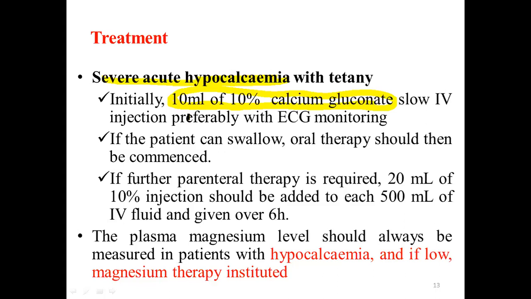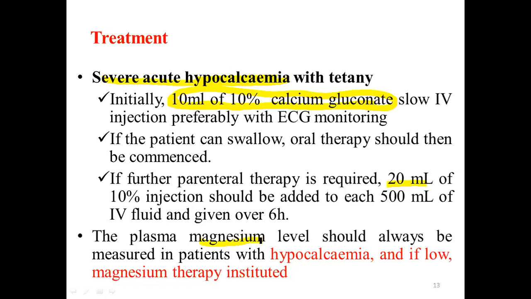So if the patient can swallow, oral therapy is usually recommended. But sometimes if the patient is not responding to the first dose, we can even give an additional dose, 20 ml of 10% injection. Then apart from that, there is a possibility of having hypocalcemia as a result of magnesium deficiency.